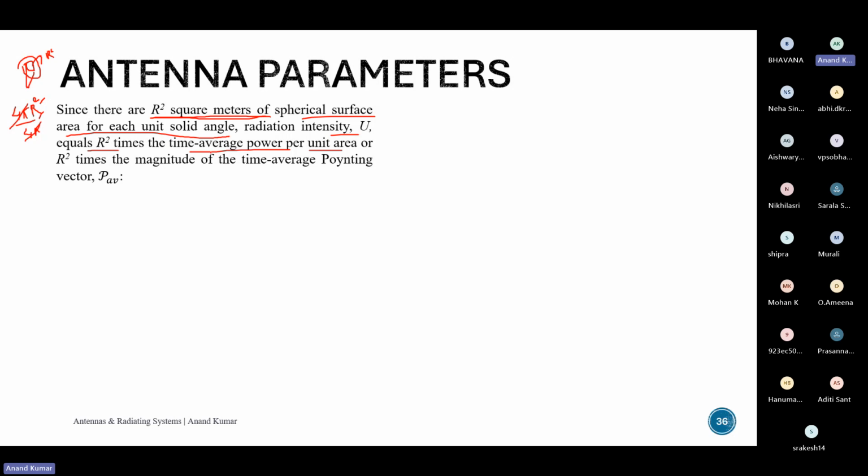To have more directivity, the beam width should be less, and it will become clear as we discuss the next few slides, because when we are plotting the gain, the directivity term itself is related to how narrow your beam width is. So to have a more directive antenna, your beam width should be less.